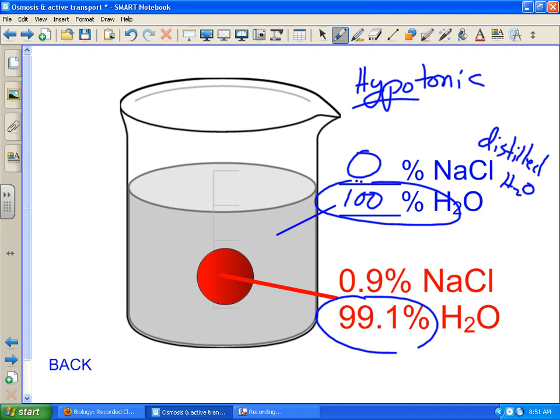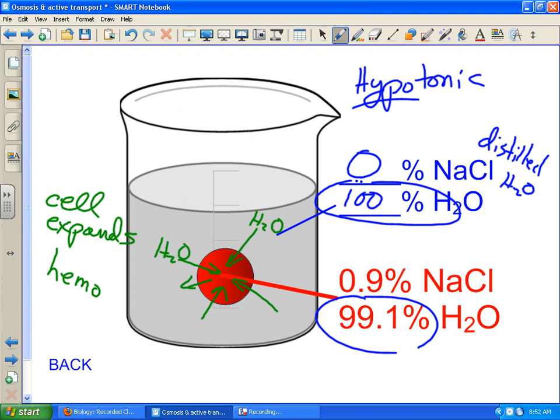Okay. Water wants to go from high to low. There's more water outside than inside. So what you're going to see in this case is water entering the cell faster than it's leaving. What will happen to the size of this cell? It's going to expand and eventually possibly get to the point where it would burst.